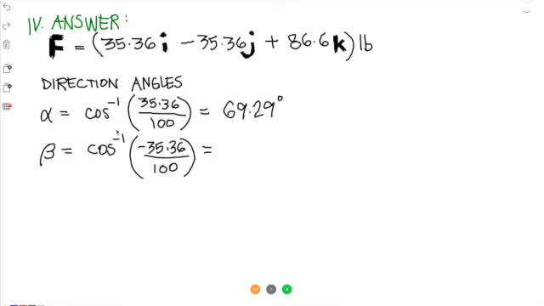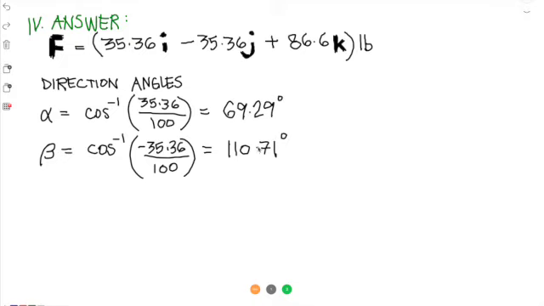So we have negative 35.36. That gives you 110.71 degrees.